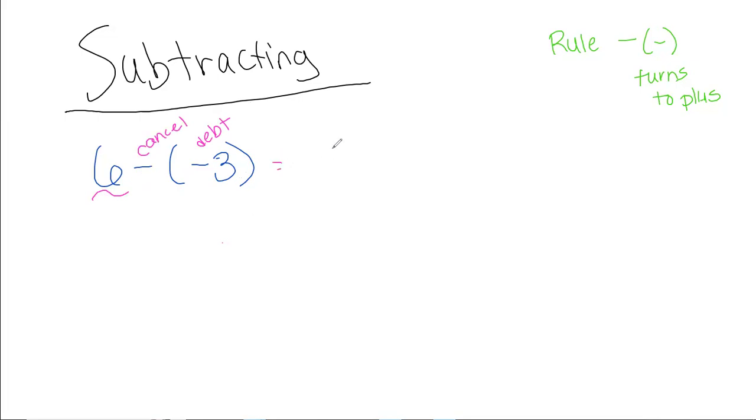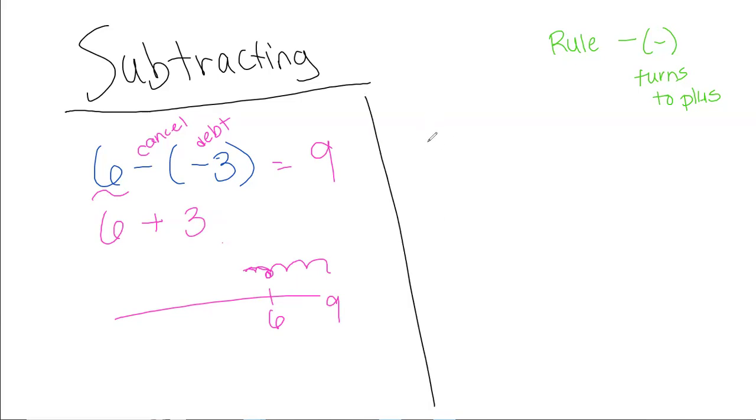So now you have 9 in your pocket because you had 6, I added 3 by canceling that debt you owed me. You now have 9. Number line wise, if you're at 6, here you are. And I said minus, minus, so you go left, left, and that would reverse you, and you'd go 1, 2, 3 to the right. Okay? Minus, minus turns to plus.